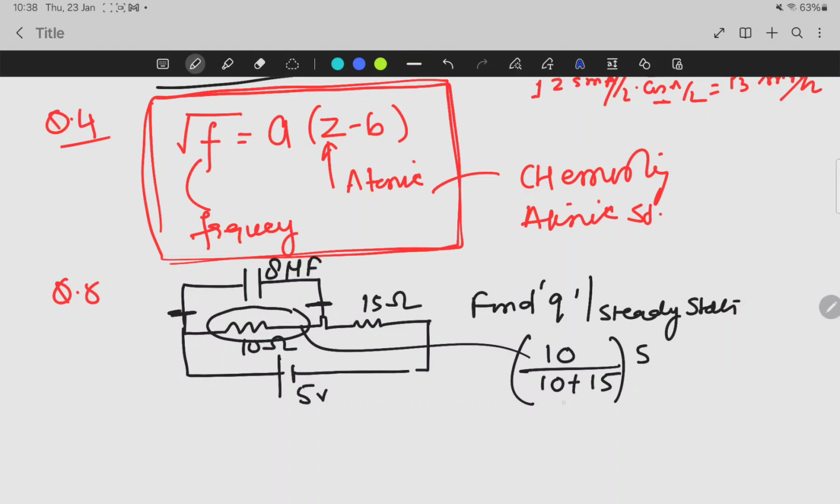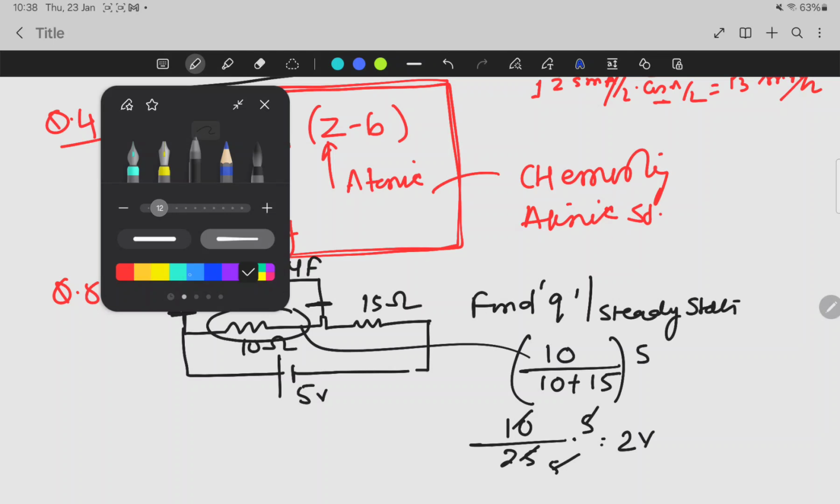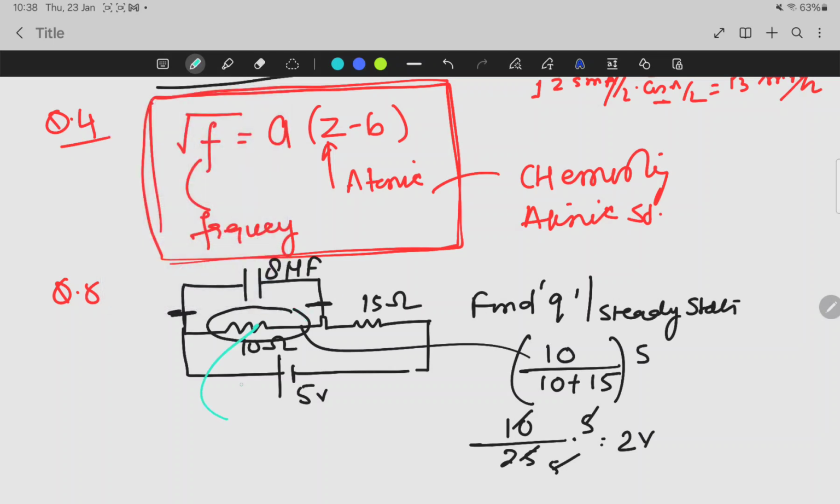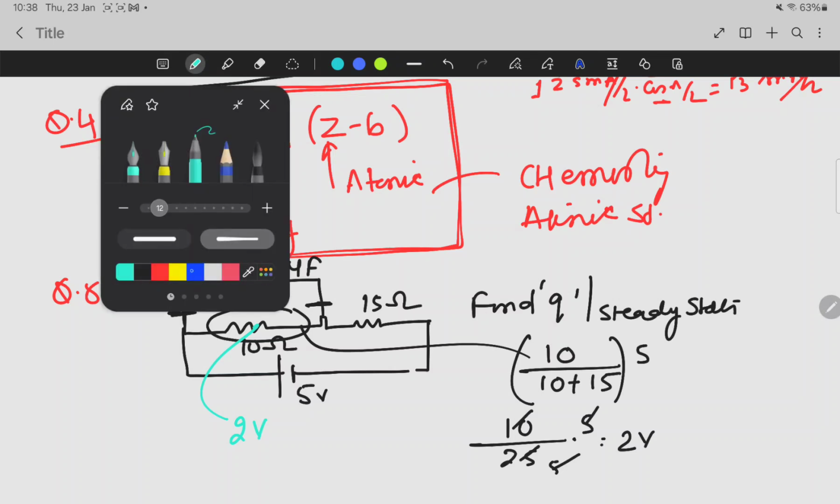So it will come out to be 10 upon 25 multiplied by 5, and 5 fives are 25, 5 twos are 10, that is 2 volt. The voltage here will be 2 volt, correct.